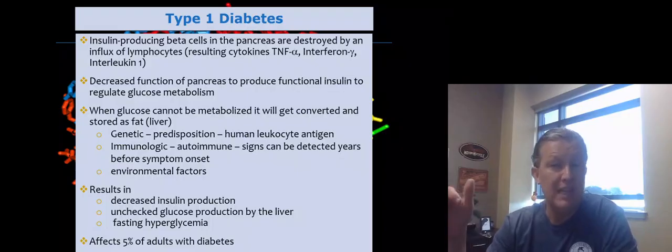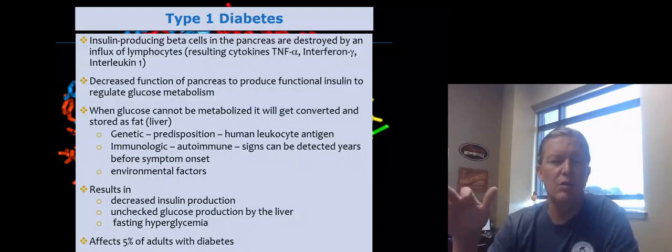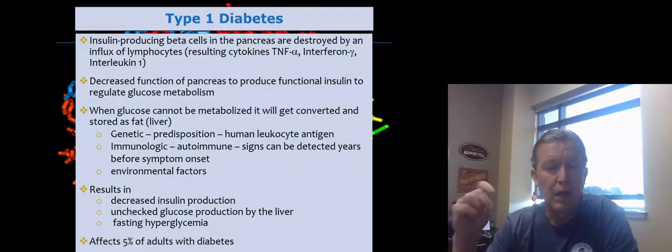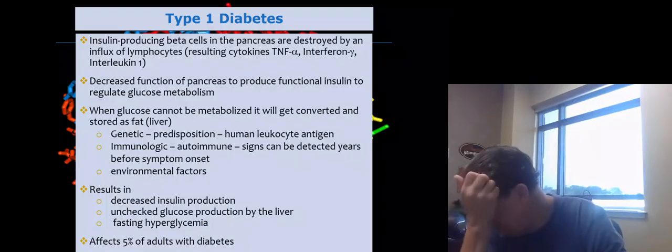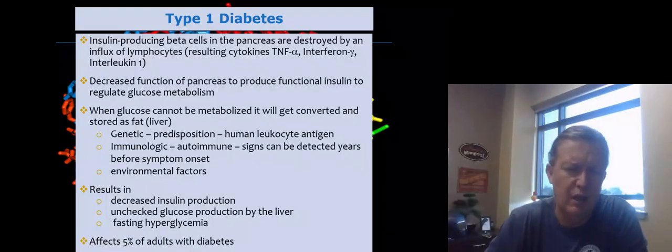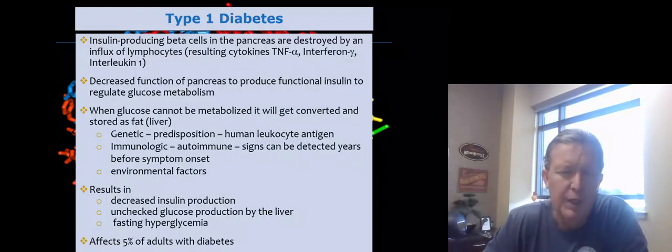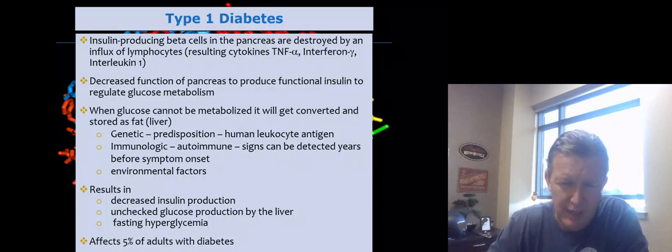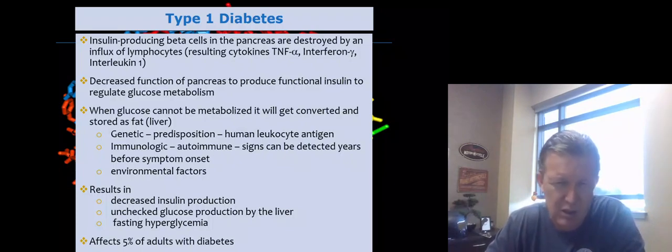Then glucose can't be metabolized, and when it does, it's going to be stored in the liver as fat. That's going to be consistent with people with this genetic predisposition, such as human leukocyte antigen, autoimmune conditions, as I mentioned there, and then other environmental factors.